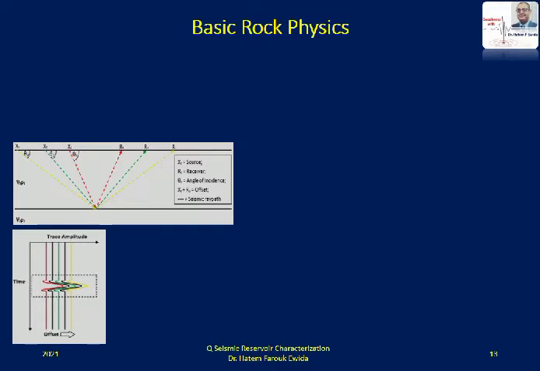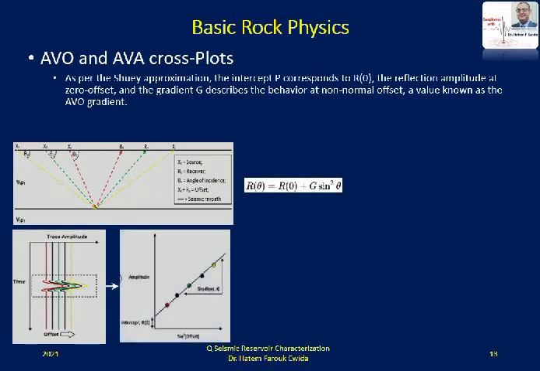Okay, so this is the basics of the AVO. We follow the amplitude across the offsets and see if it changes or not. And we use cross plots. According to this equation, we can plot sine squared theta, where theta is the angle of incidence.